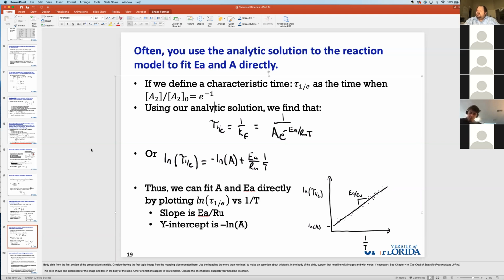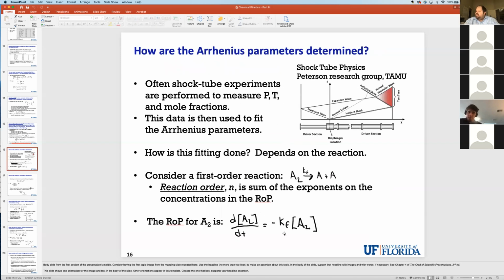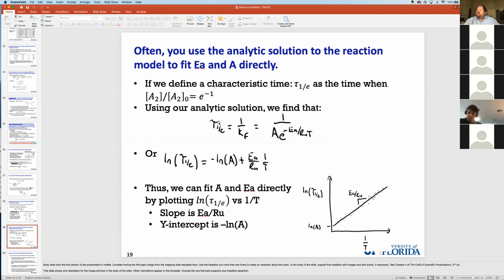If you use this definition, that disappears and becomes quite nice. So basically, if you use our analytic solution, which is right here, we can show that tau 1 over e is just equal to 1 over Kf.